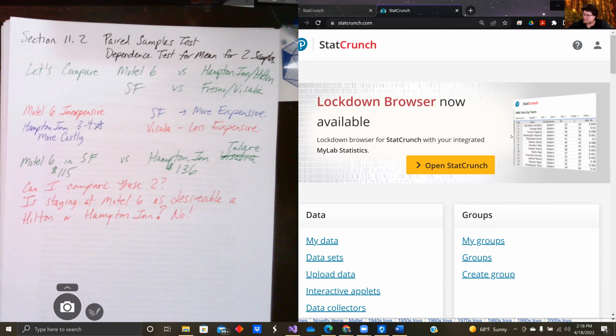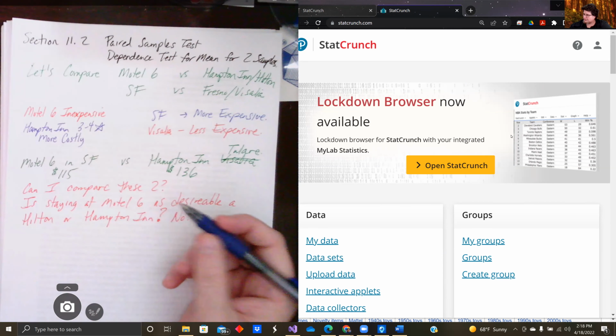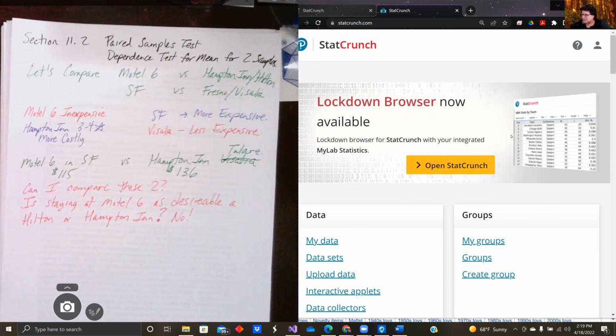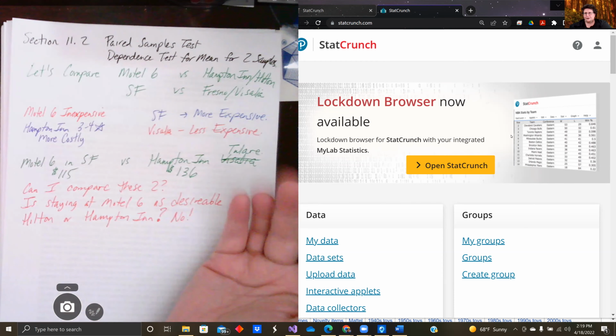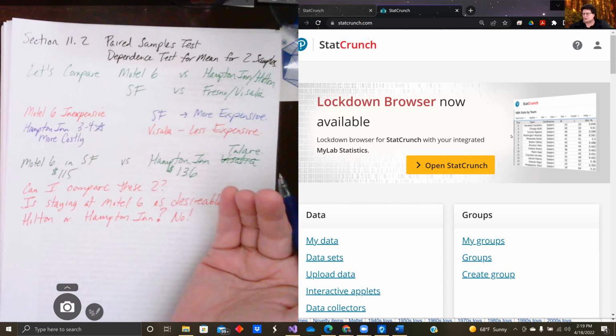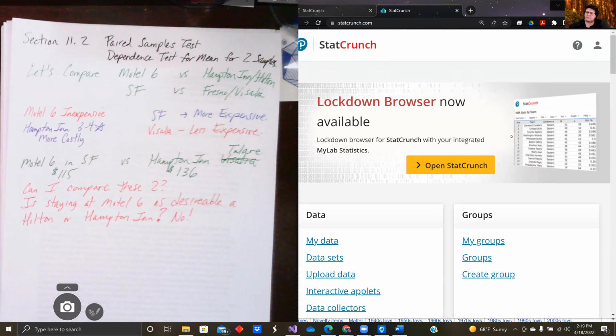But it makes more sense to compare. I don't want to compare a Hilton with a Motel 6 just because they're in different towns and they're about the same price. So I shouldn't compare hotels in different towns and go, which one's a better deal? Those aren't your options. So maybe we should stick to the same town.